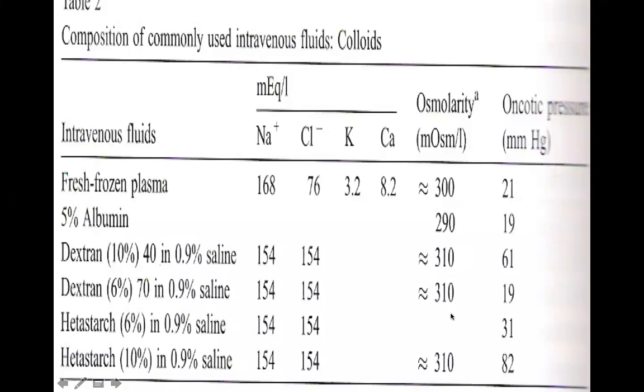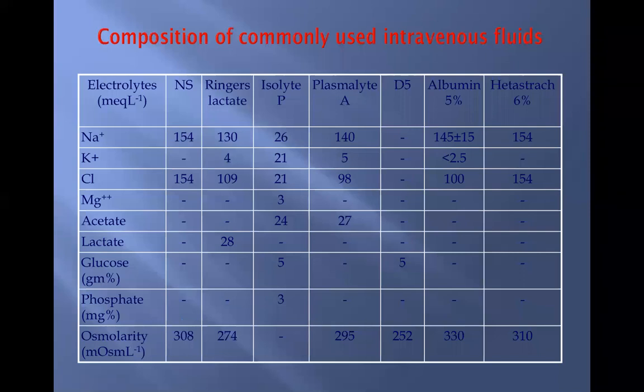If you look at the osmolarity, they are nearly iso-osmolar for all. The difference is in the oncotic pressure rather than in the osmolarity. Here, the different types of fluid with the constituents of different electrolytes and particles.